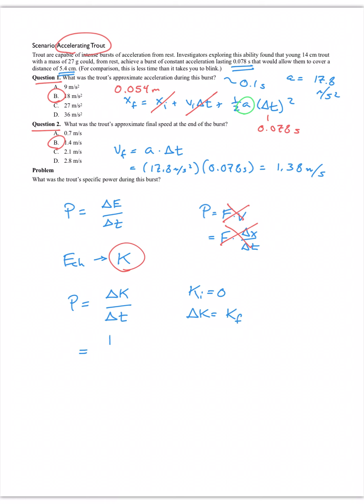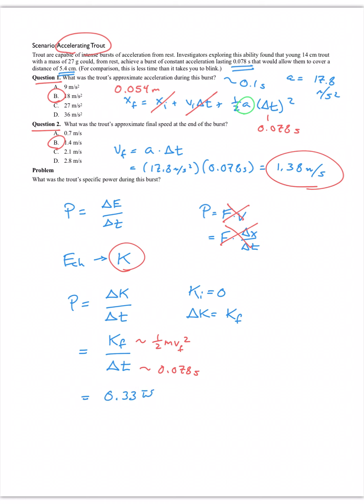So the power is just equal to the trout's final kinetic energy divided by the time interval for the acceleration. And the kinetic energy is 1/2 m times vf squared. We calculated the final velocity up here, and we know the time interval, that's 0.078 seconds. If I do that calculation, I come up with a power of 0.33 watts.